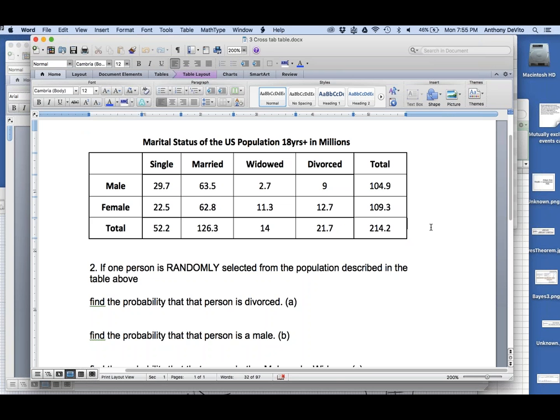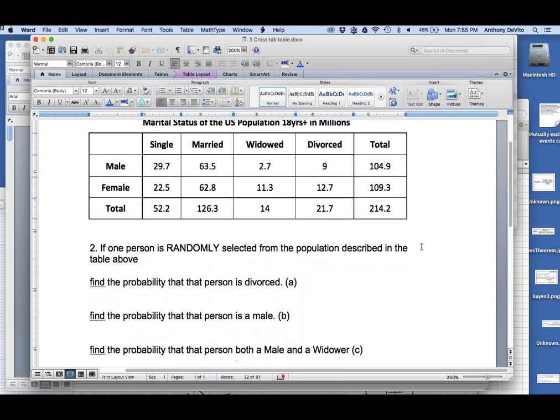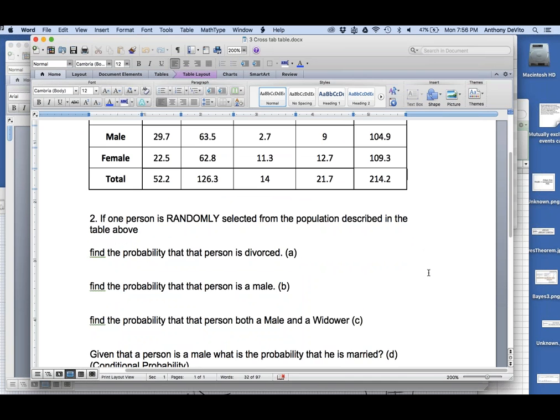Simple enough, right? What's the probability that the person is male? 104 over 215, right? That's the probability of A over the probability of A plus B, the total. They're male or female. A little bit more complicated if you look at all the other different possibilities.